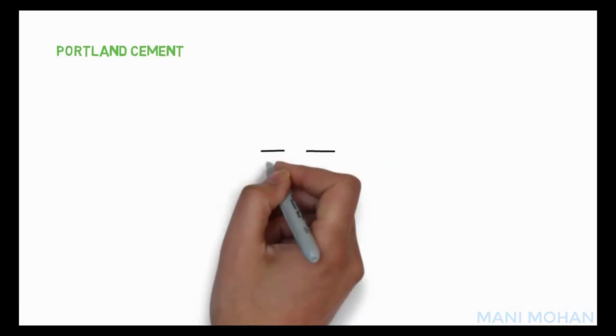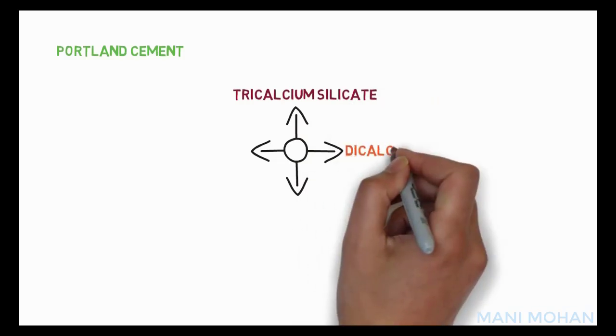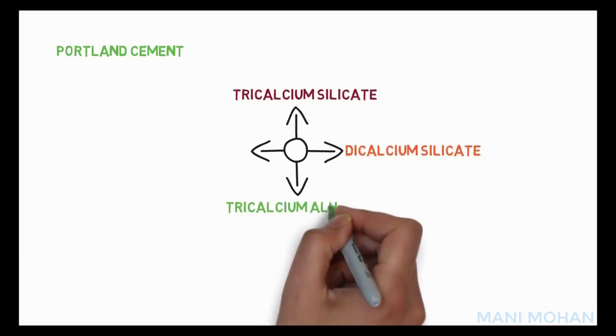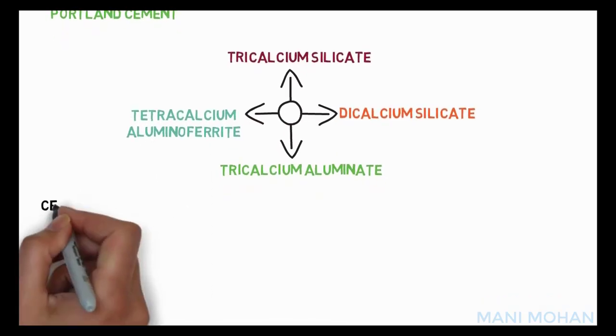This cement contains four major compounds: tricalcium silicate, dicalcium silicate, tricalcium aluminate, tetracalcium aluminoferrite.